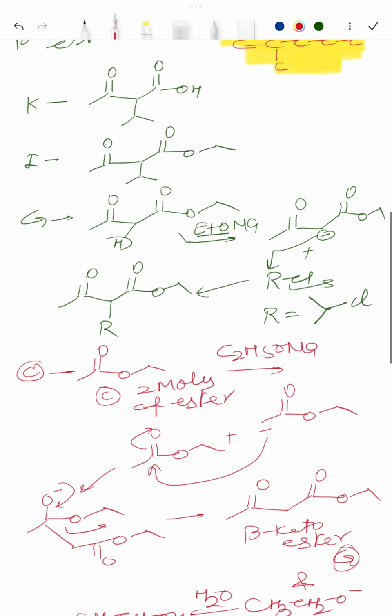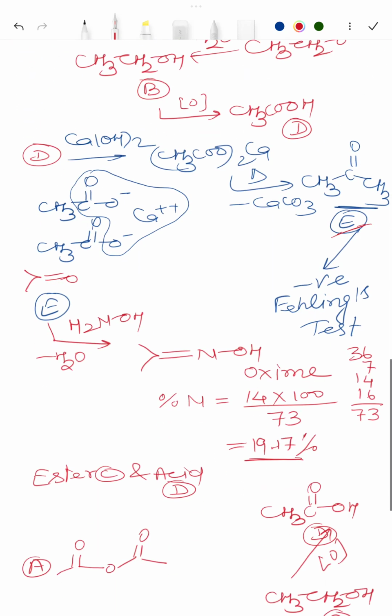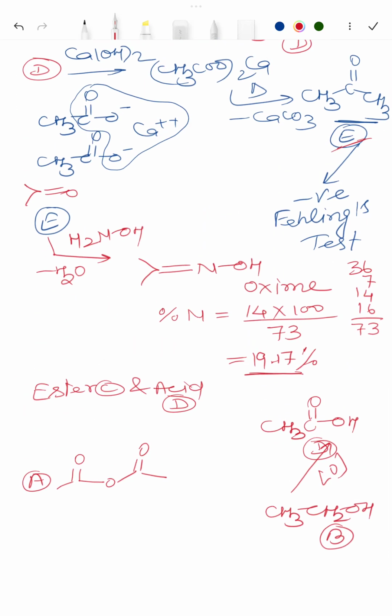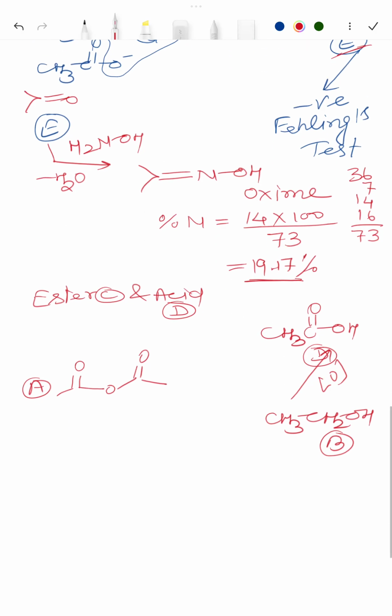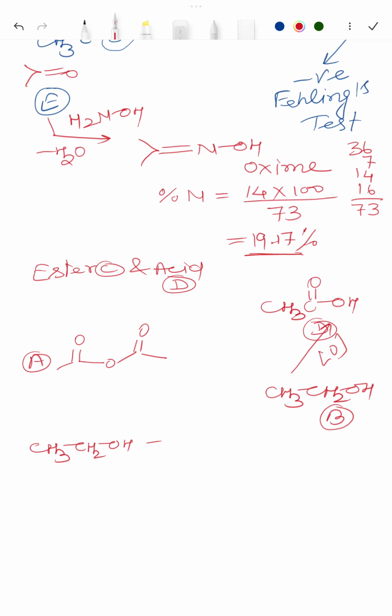B you have already cleared. By the combination of B and D, an ester will form. B is CH3CH2OH, and D is CH3COOH.